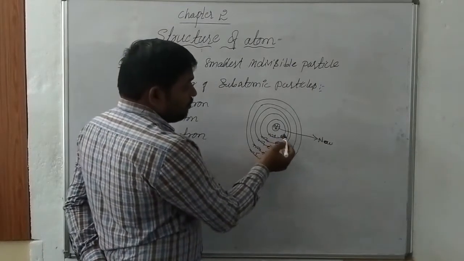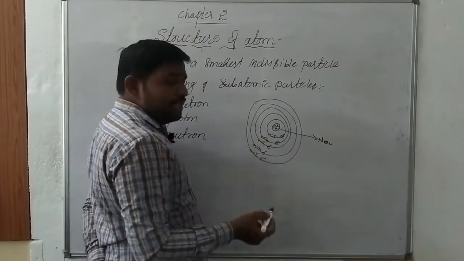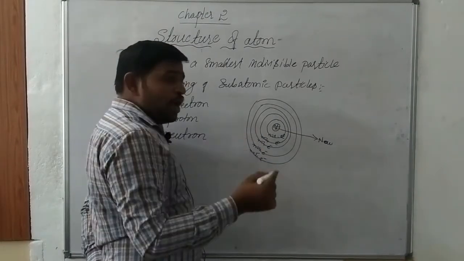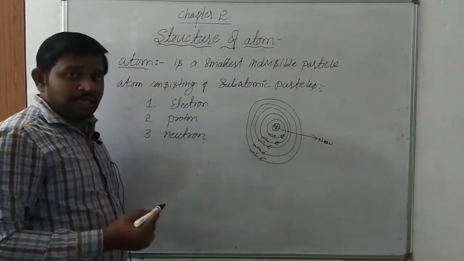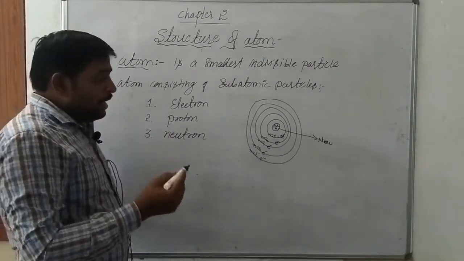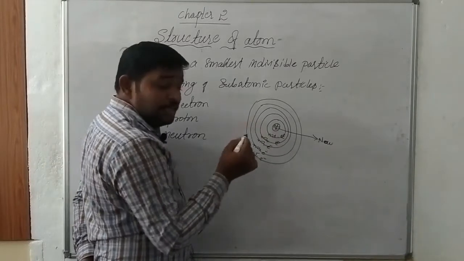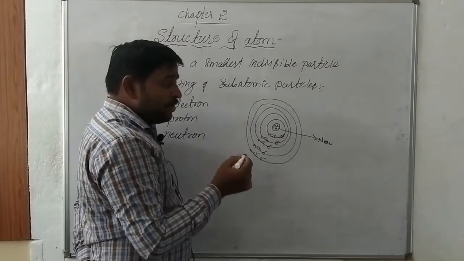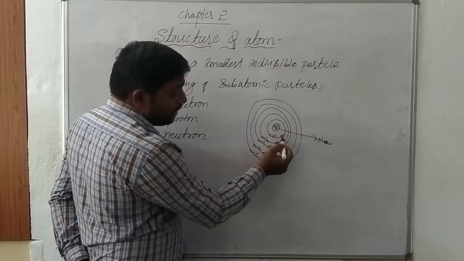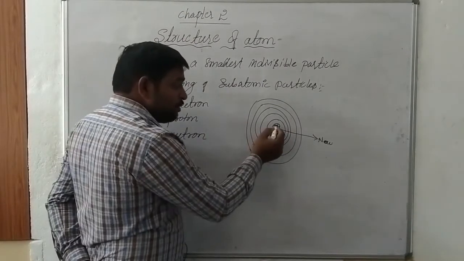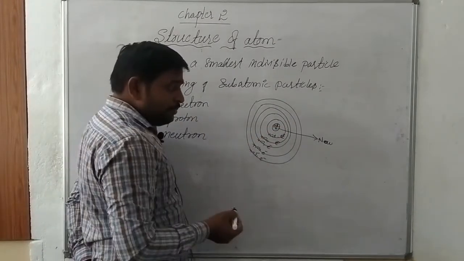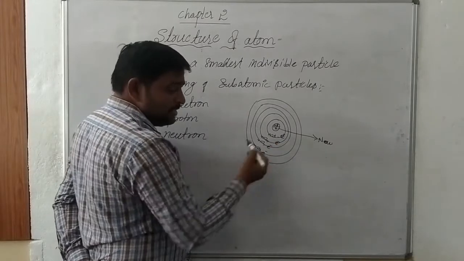The orbits are circular paths along which electrons revolve around the nucleus, held by the electrostatic force of attraction between the nucleus and the electrons. The nucleus has protons, which are positively charged, and the electrons are negatively charged.